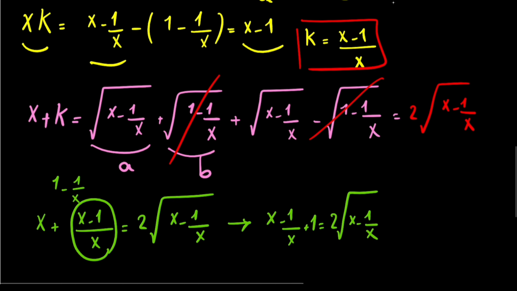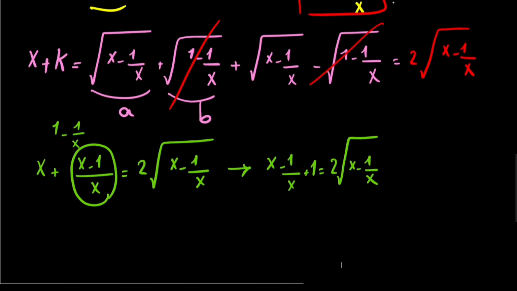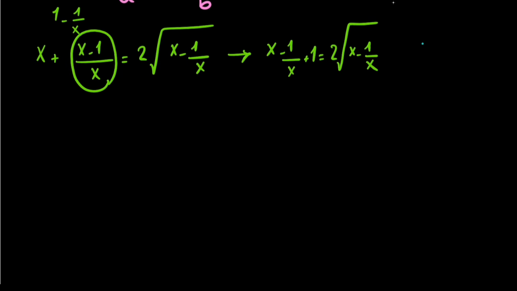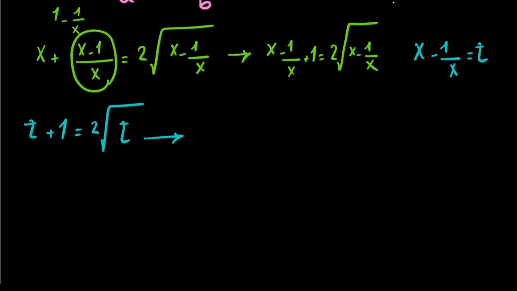So if you look at this equation, you can use a substitution to solve it, and that's very useful: write (x minus 1)/x as t. So on the left side you will have t plus 1, right? Yeah, t plus 1. On the right side you will have 2 times the square root of t.